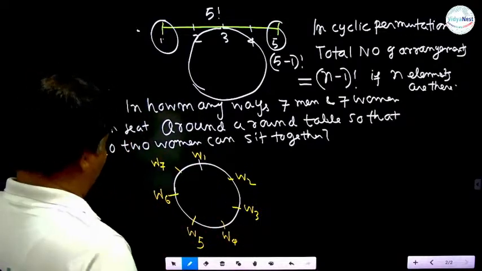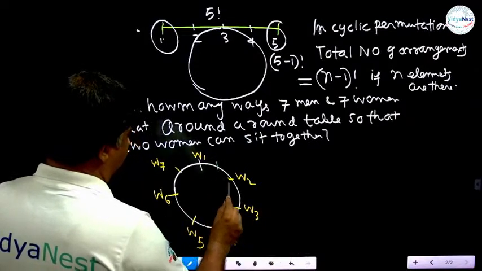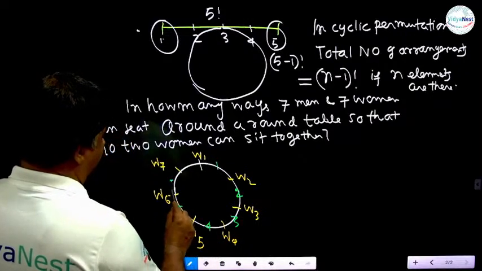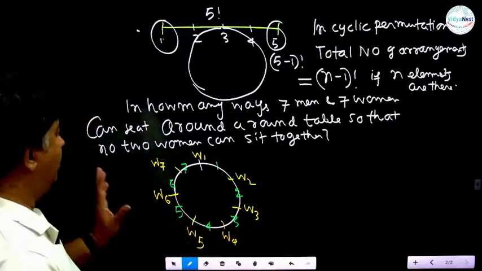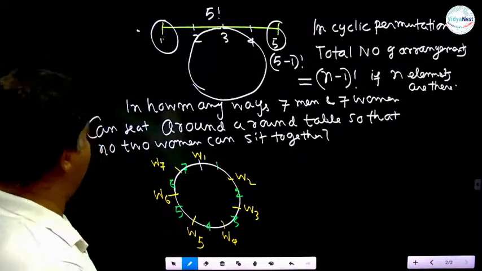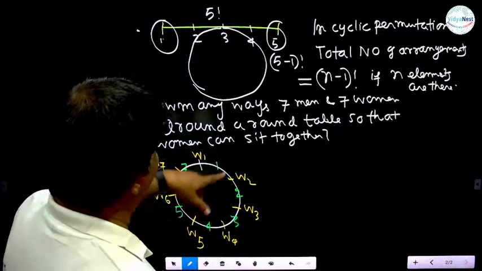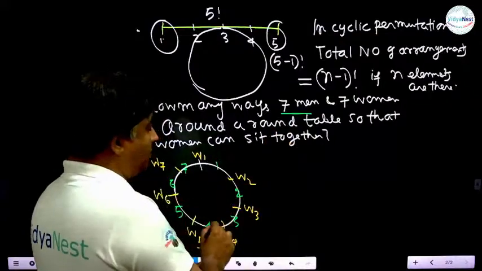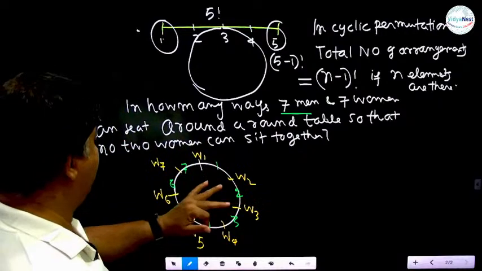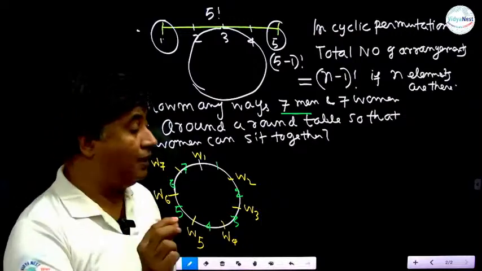Let us count: 1, 2, 3, 4, 5, 6, 7. So between 7 women, there are 7 empty spaces. Now, if I insert the 7 men in those empty spaces, then no women will sit together, because in that case between two women there will be one man.